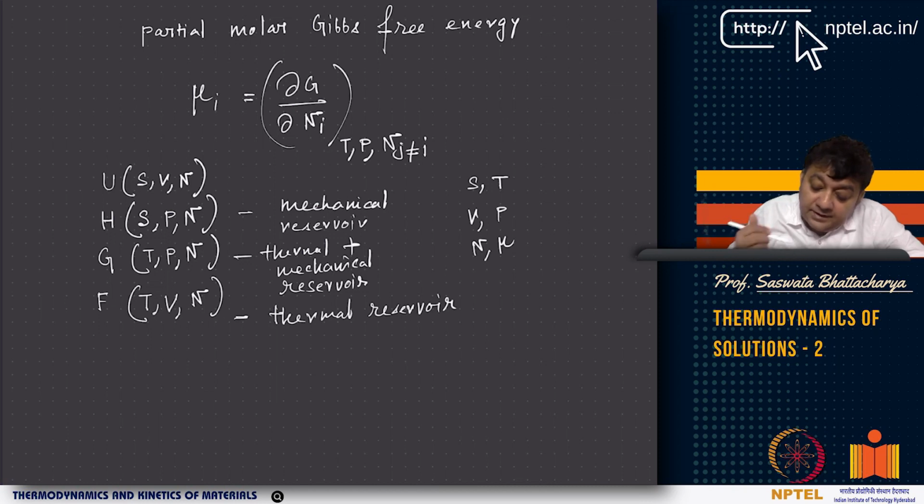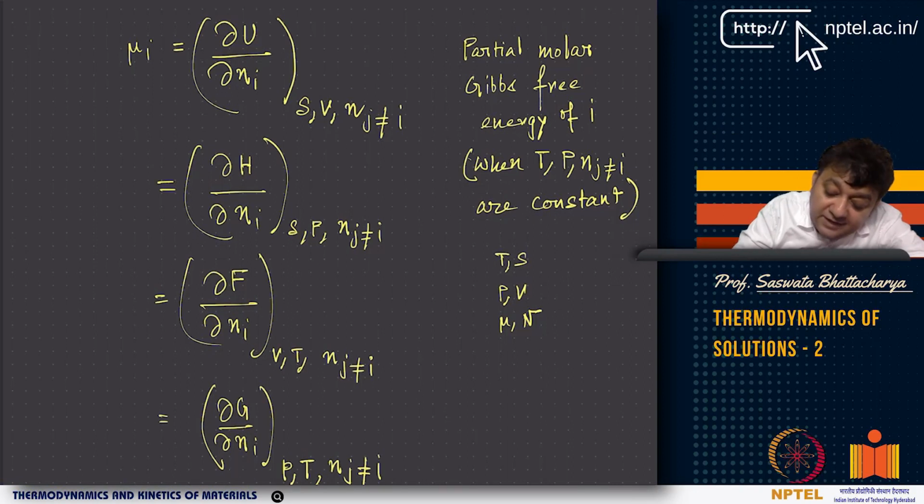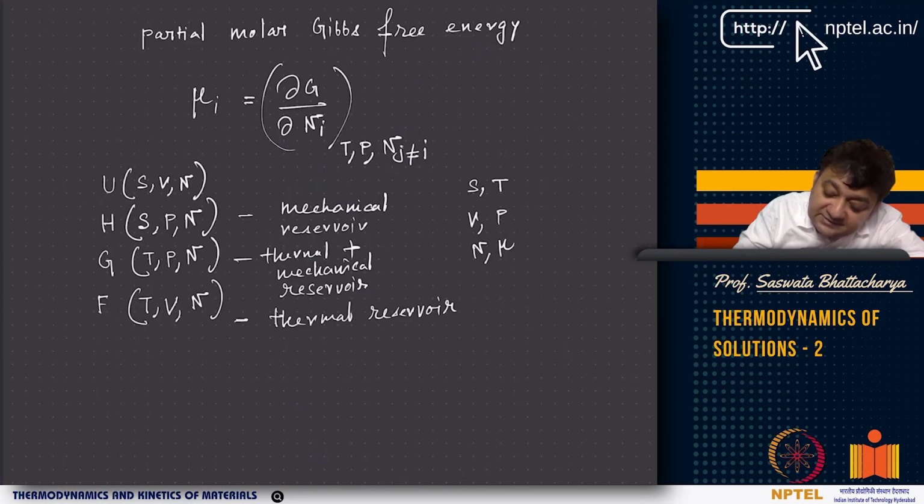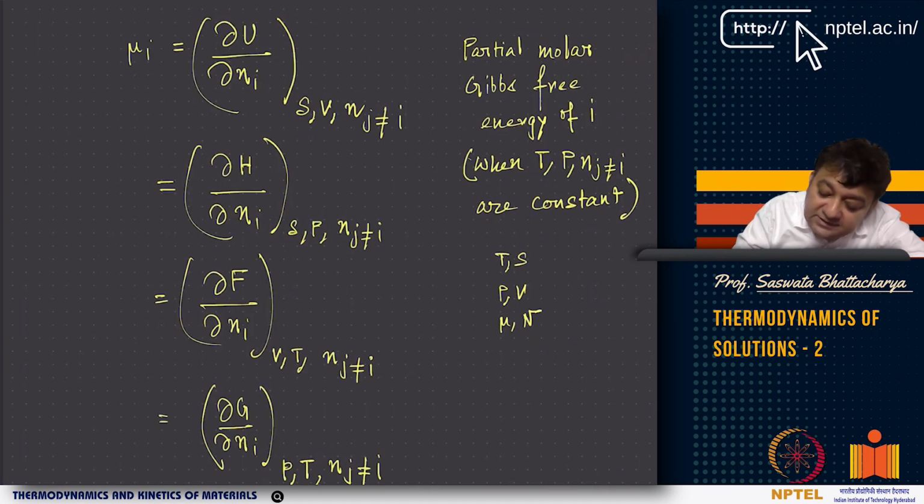Now, in all these cases, you can express mu. For example, mu_i equals del G del N_i at constant T, P and N_j. You can also write mu_i equals del U del N_i, but in this case T will be replaced by S and P will be replaced by V. So as you can see, it is S, V, N_j not equal to i.